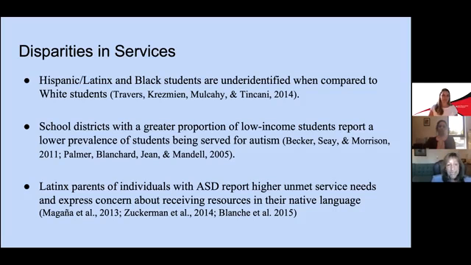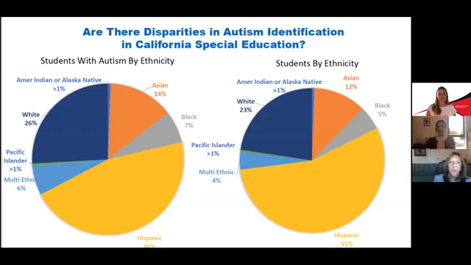Latinx parents of individuals with autism report higher unmet service needs and express concern about receiving services in their native language. When we look at the California data, we see that students identified as Black are actually overrepresented compared to the population in California by 2%.